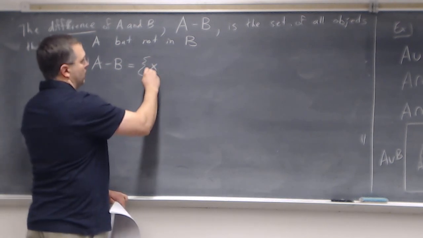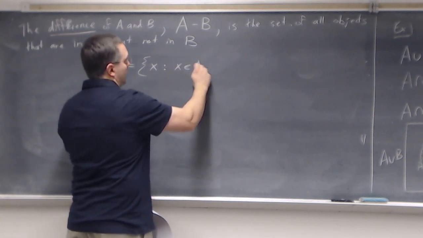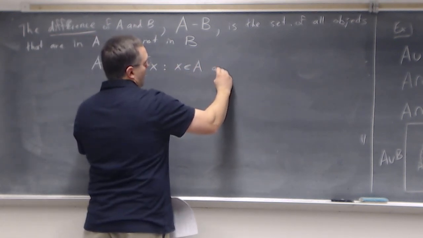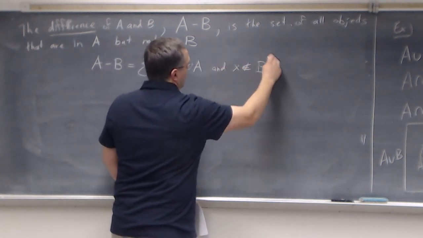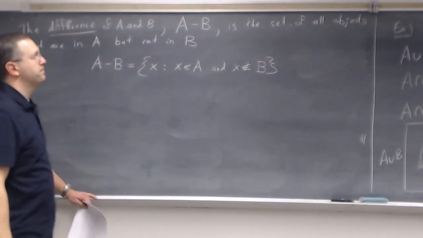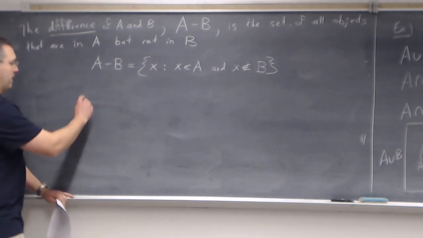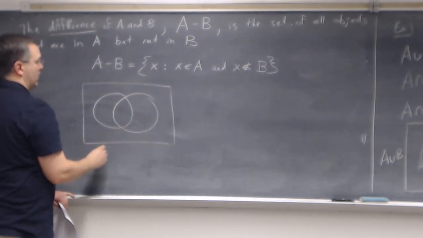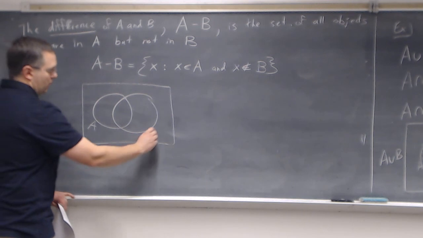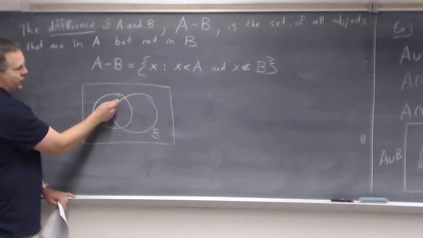It's the set of all x such that x is in A and x is not in B. So this is A, this is B. We're talking about this moon-shaped piece here.